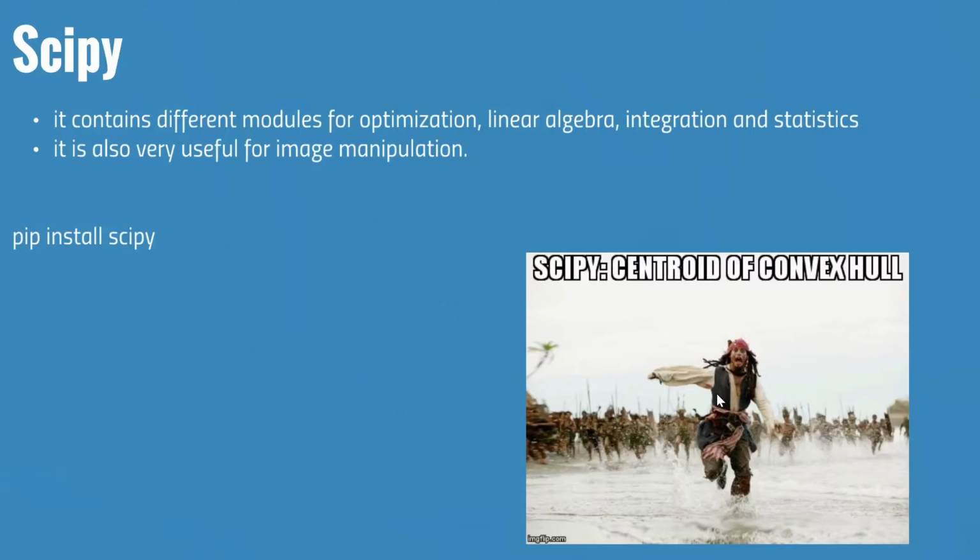So suppose you have an image, you want to create some inversion on that image, or you want to play with that particular image's properties. This module, SciPy, is extensively used for this kind of work. The installation process is very easy for SciPy, that is pip install scipy. One important thing to note here is that the moment you install SciPy, it will automatically install NumPy for you. So you don't need to install NumPy separately.